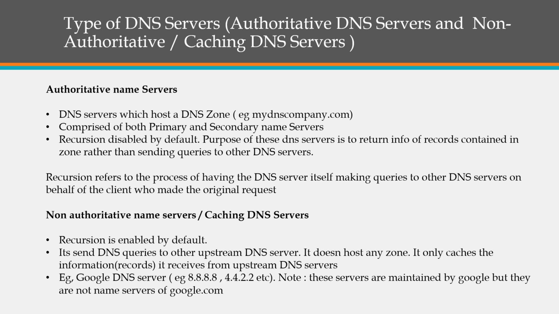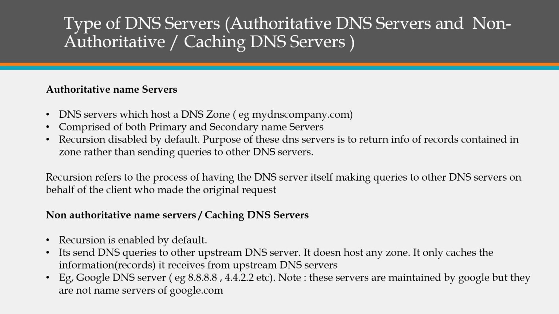When I say client, I mean a laptop or a computer. It takes that DNS query and checks if it's in its cache. Just like the name suggests, it's a caching DNS server, so it stores the frequently requested DNS queries in its cache, and if it's not there, it will go out and fetch the response.